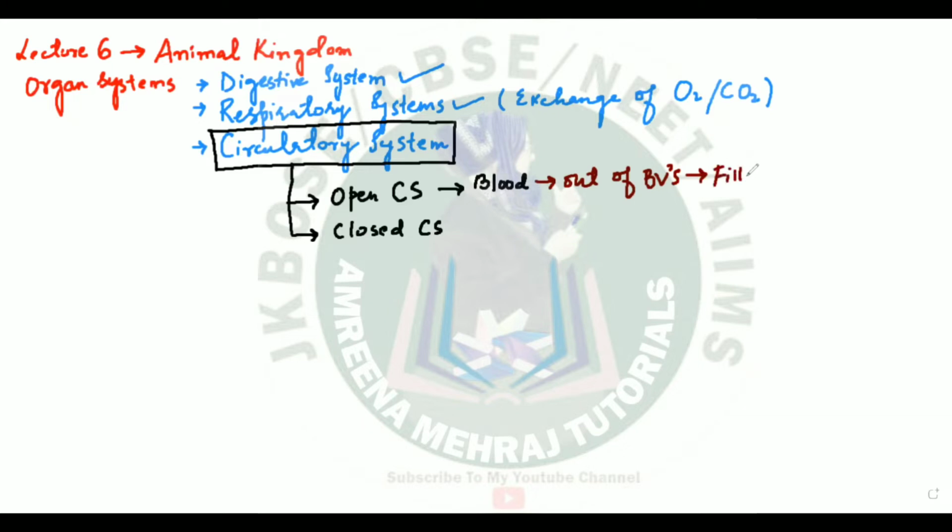So this blood fills the spaces of the body, and those spaces are called sinuses. The body of the organism has these spaces which get filled with the blood. That means the blood comes out of the blood vessels. Such a type of circulatory system is called an open circulatory system.